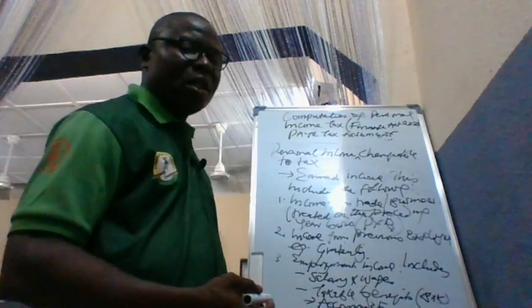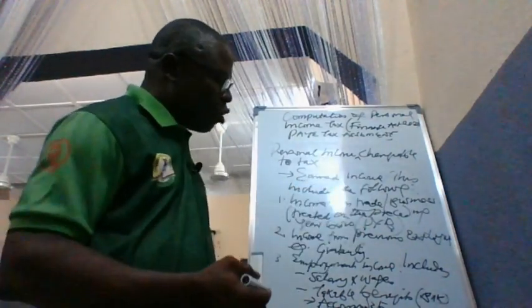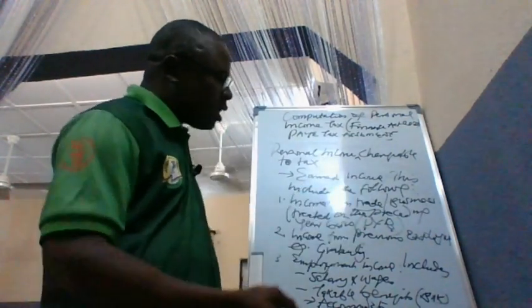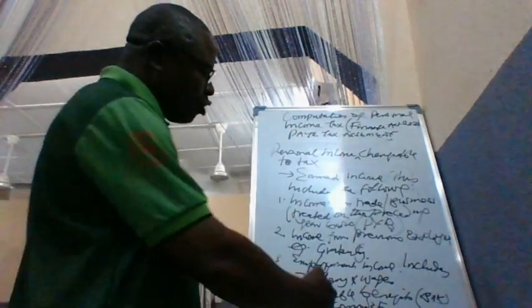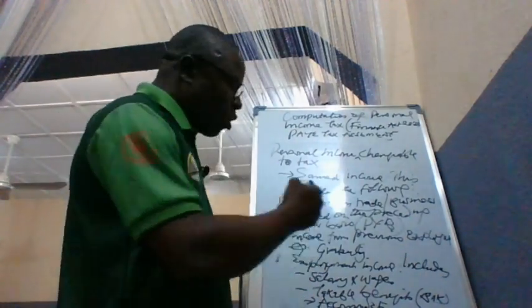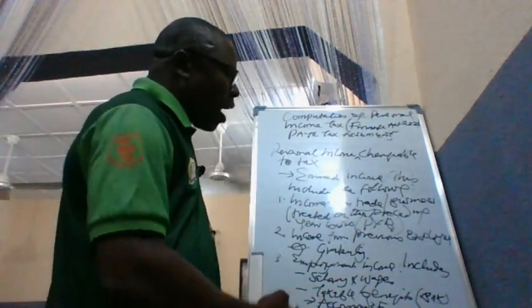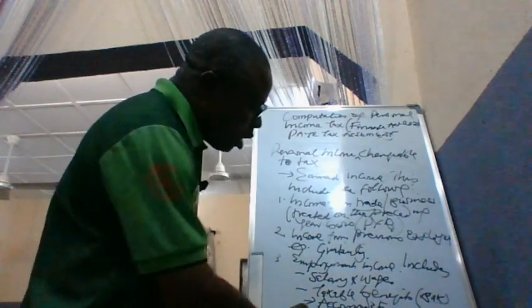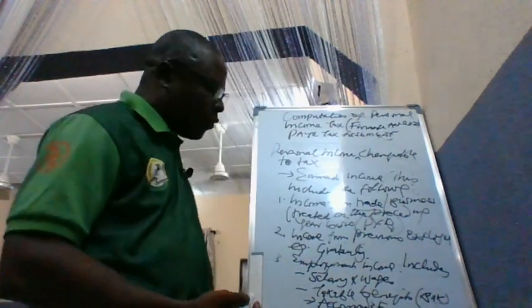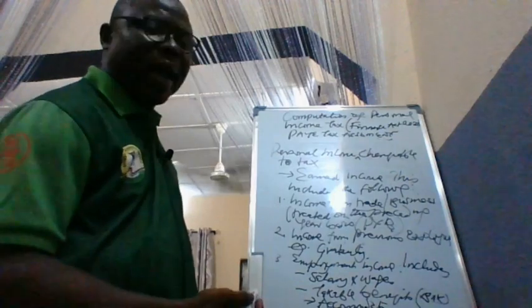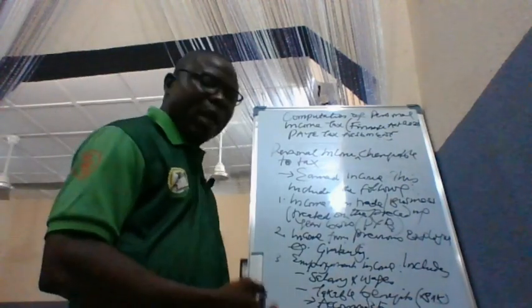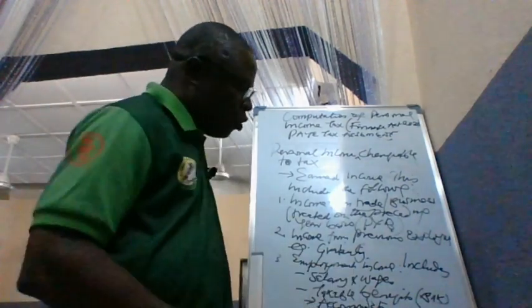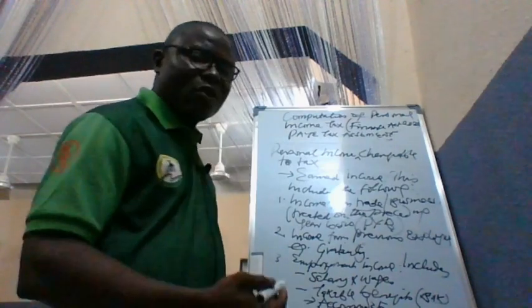Domestic servants, it could be security, house helps, housemates, and the salary that is paid to these domestic servants are considered in the computation of the personal income as benefit in kind. Another one is the use of the assets acquired by the employers, for example motor vehicles, furniture, and so forth.